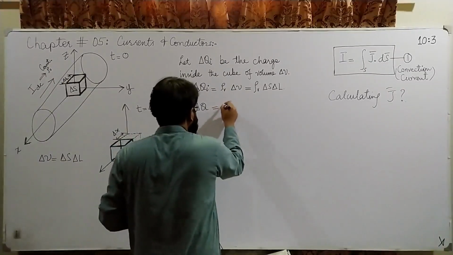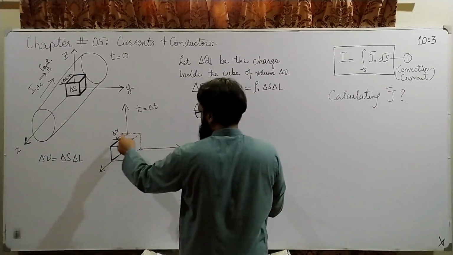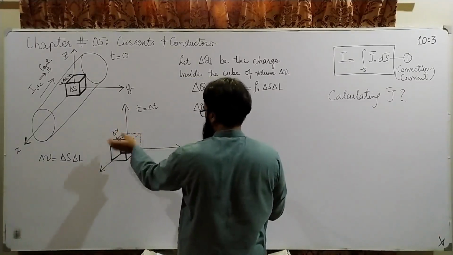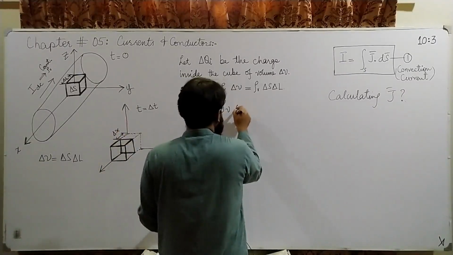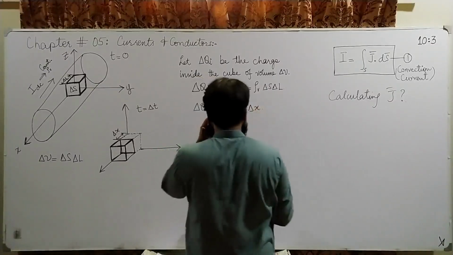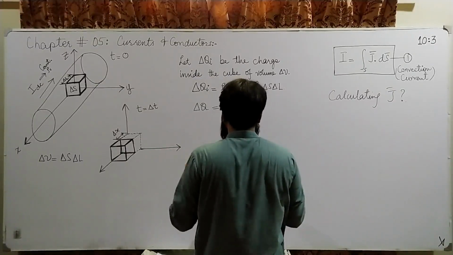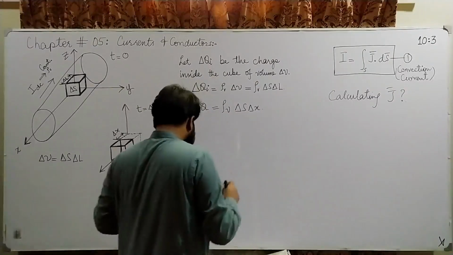So this would be equal to rho v multiplied by this area with this volume which is shaded, and it is given by delta S times delta X. All right.